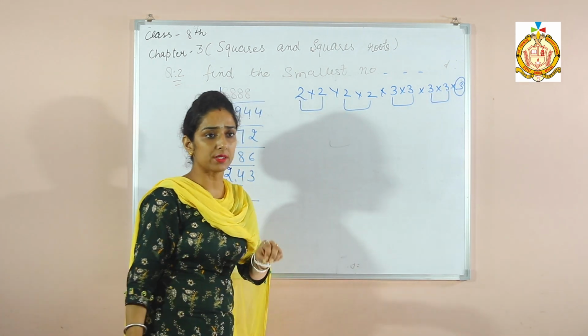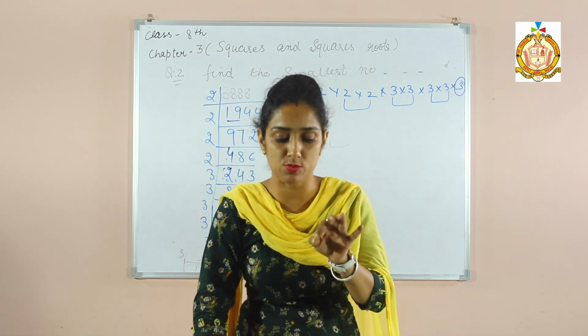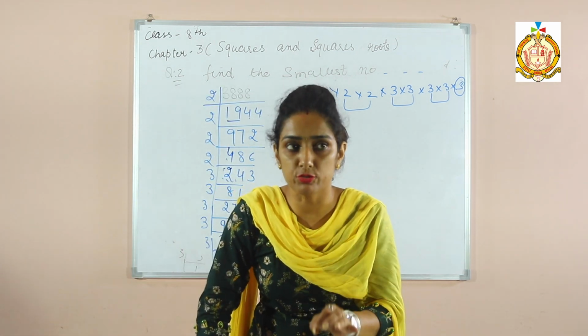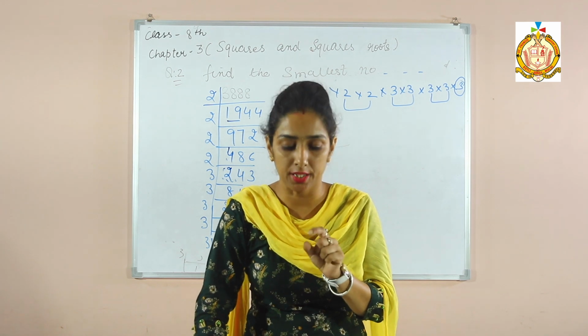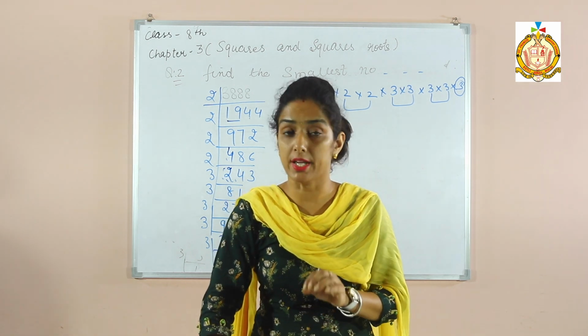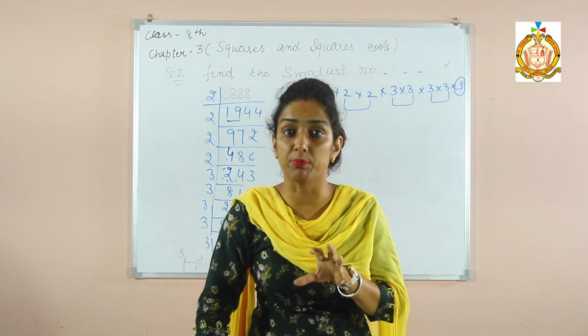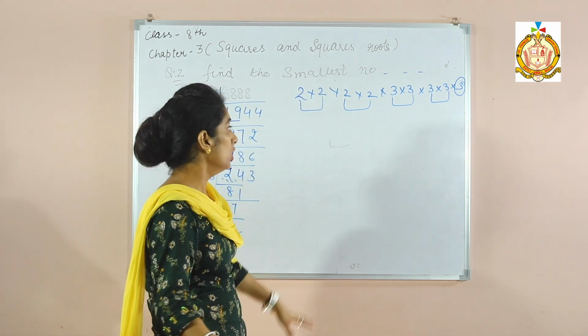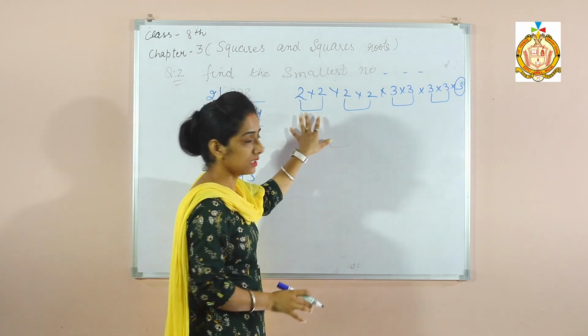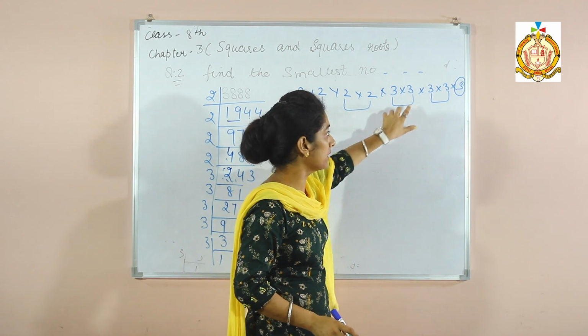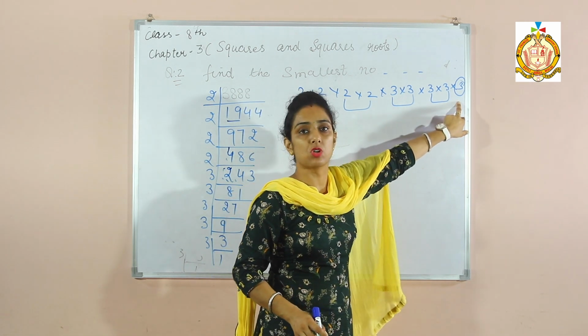Now what is the question? Find the smallest number by which 3888 should be multiplied so that the product is a perfect square. So see, this is a pair, this is a pair, this is a pair, this is a pair, but 3 is not in a pair.